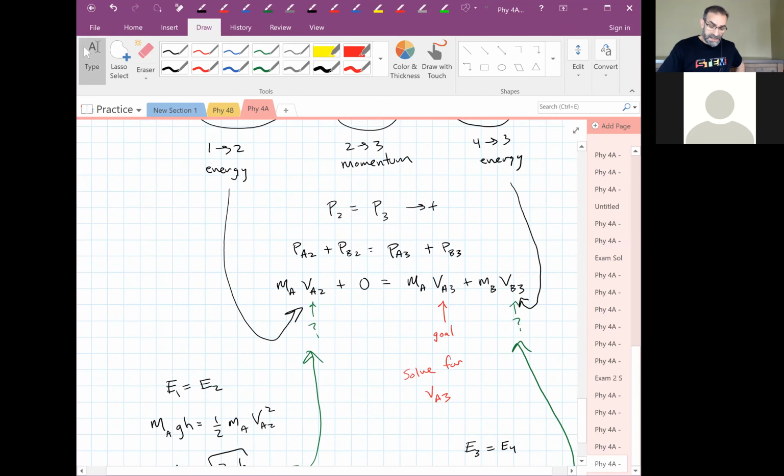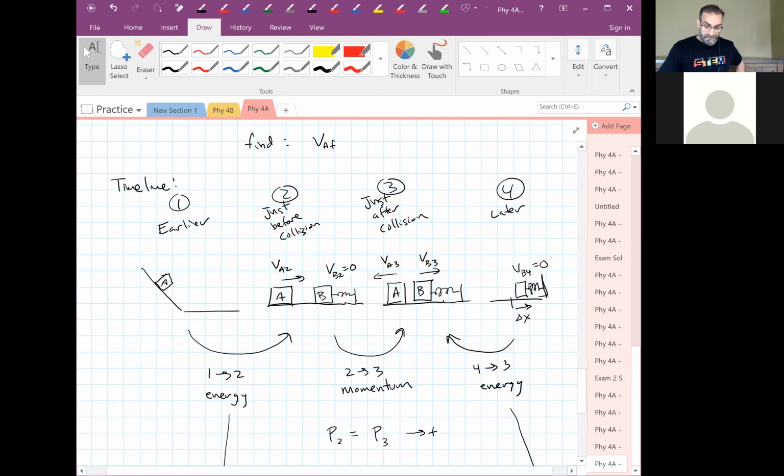When I draw my timeline here, if something hasn't changed, then I don't really care about it in my timeline. So I had B sitting over here at time 1. I have B sitting over here at time 2. Do I really care? It's the same thing in both. It's not really changing anything. I'm using this to figure out information for A. A has not interacted with B yet.